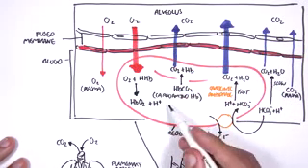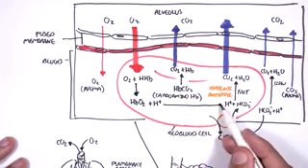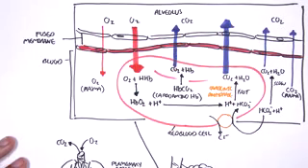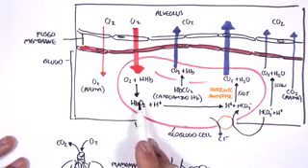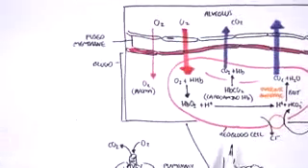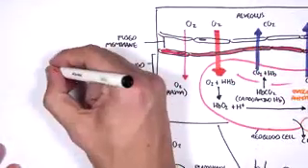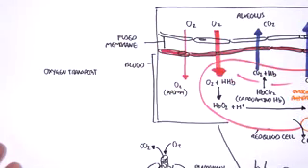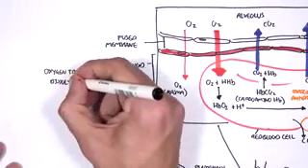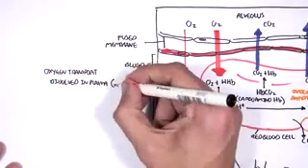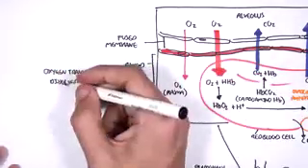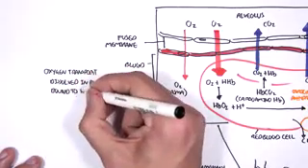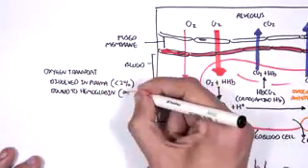This hydrogen ion is the hydrogen ion that supplies the bicarbonate reaction here. So again, just to stress, oxygen transport occurs in two ways. It can be dissolved in plasma, and less than 2% of oxygen is transported this way. Most of the oxygen is bound to hemoglobin, which is 98% plus.